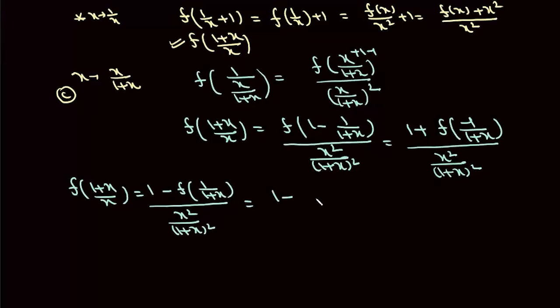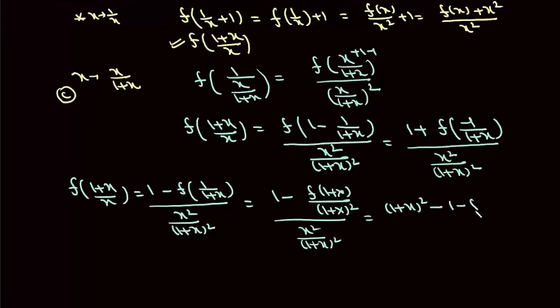So we can write this as 1 minus, and f(1/x) is f(x)/x^2. So it will be this f(1+x)/(1+x)^2 upon x^2 (1+x)^2. So it will be (1+x)^2 minus, now f(1+x) is 1 plus f(x). So it will be minus (1 minus f(x)) upon x^2.